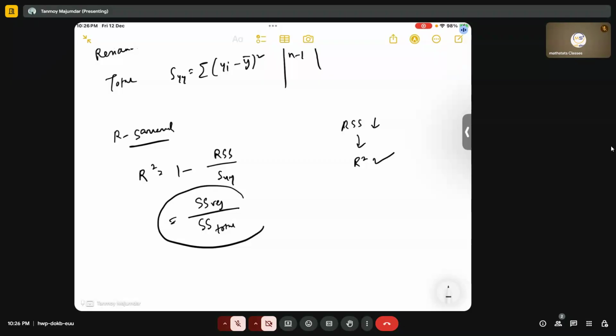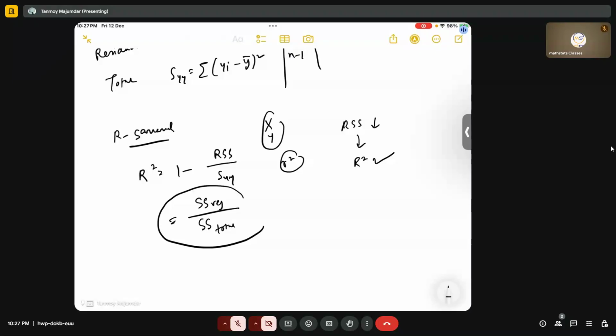Okay, so this R square we call the coefficient of determination, we also describe it that way. Basically, one more thing is that the square of the correlation coefficient is our R square. But obviously this is true for a simple correlation coefficient, meaning we have one variable that is independent and one variable that is dependent. When this case happens, only then can we use our correlation square.